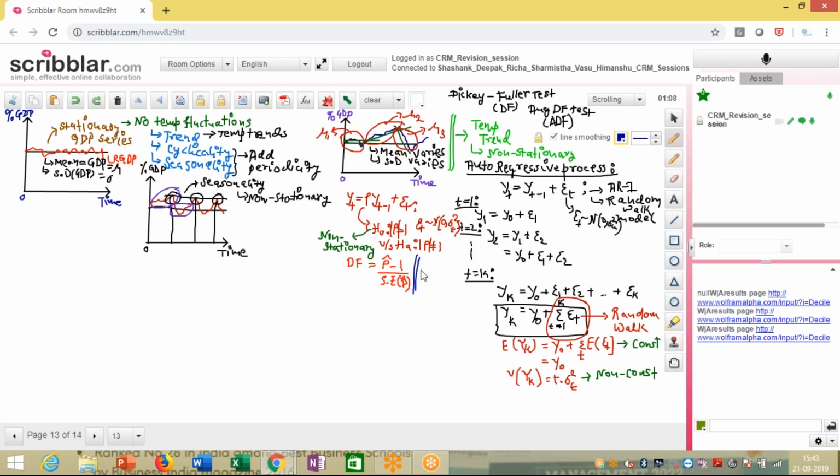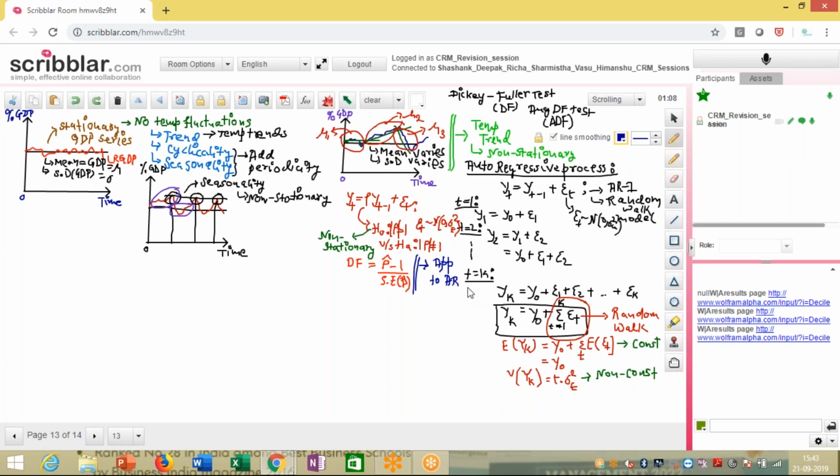So this test had one problem, that it was applicable only to AR1 processes. That is where the augmented Dickey-Fuller test was introduced, which took into account difference equations or time series equations with multiple lags as well.